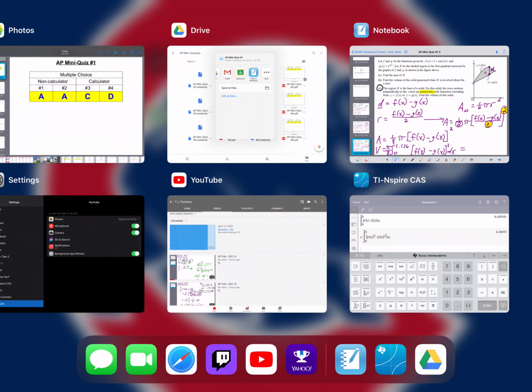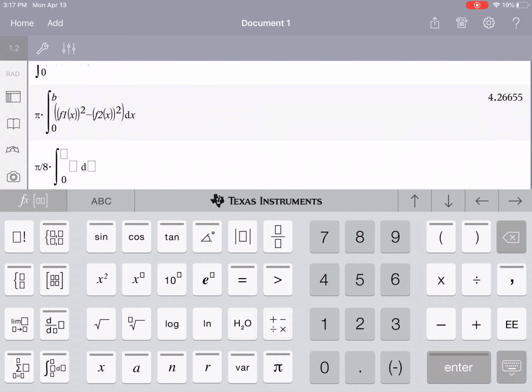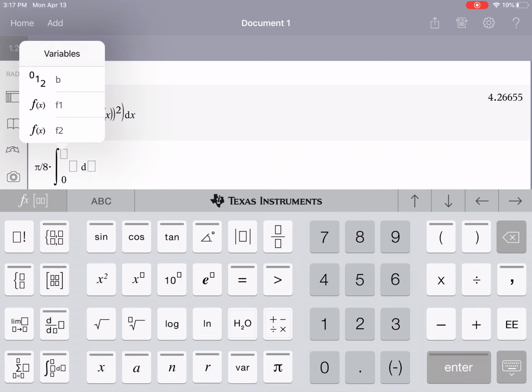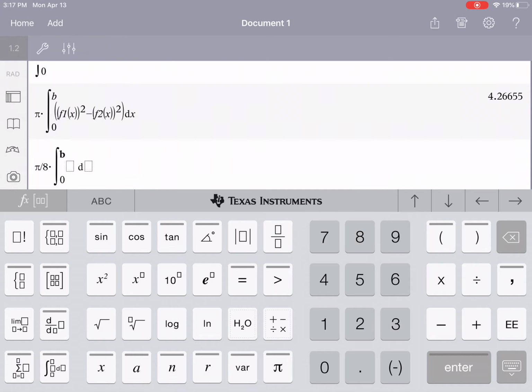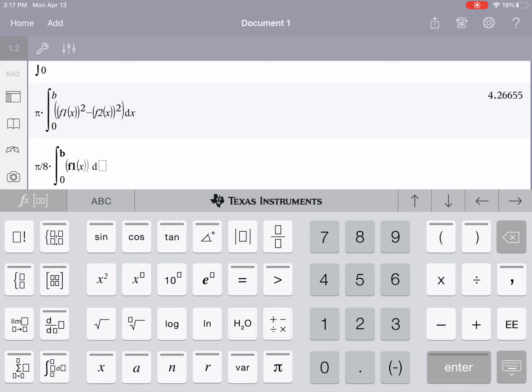Okay, so starting it off with a pi over 8, let's run with that. So pi divided by 8 is going to get multiplied by a definite integral from 0 up over 2. Actually, if I click variables right there, from 0 to b, got it. And then from there, in a big set of parentheses, we are going to need f1 of x, close it off, minus f2 of x.